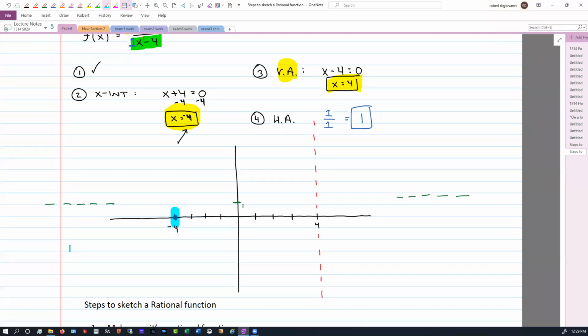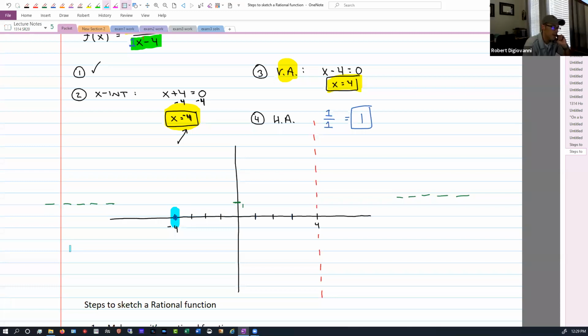Horizontal asymptote. Yeah, a horizontal asymptote's over there. And doesn't the horizontal asymptote act like a magnet and pull the function towards it? I'm going to draw my function going up towards that dotted line, and then just like that. I'm not going to touch.